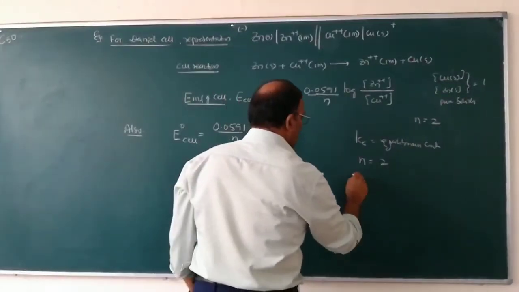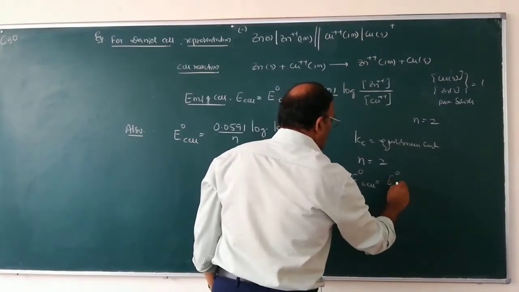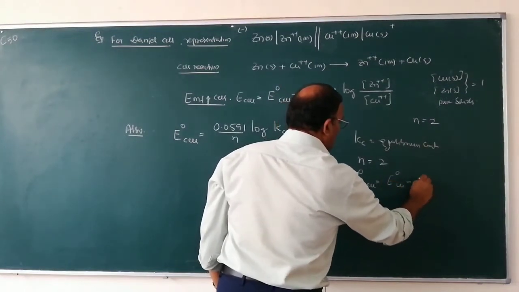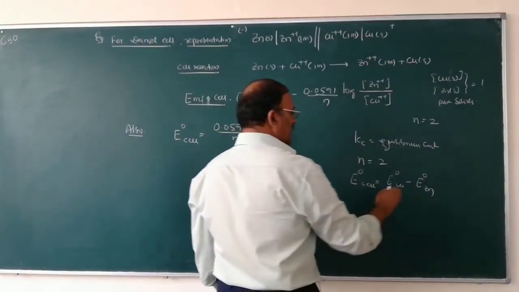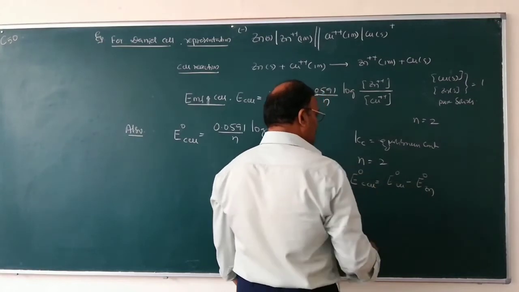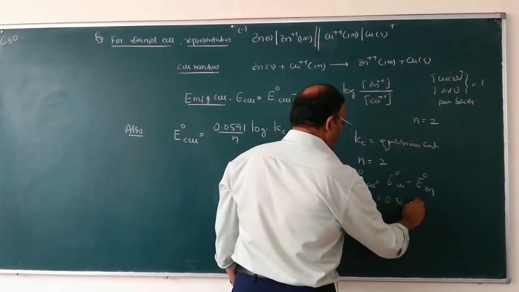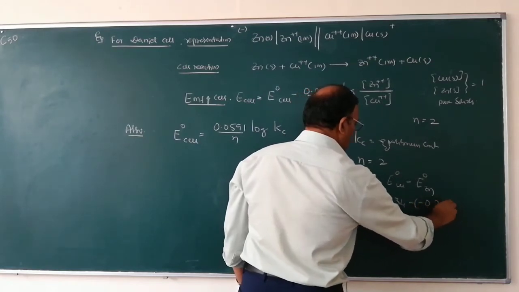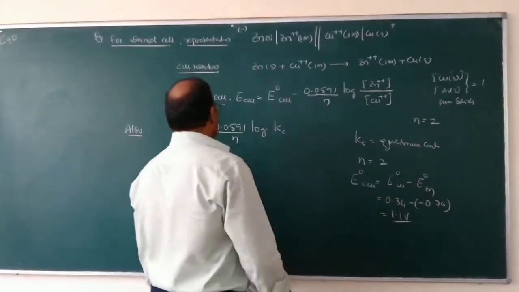And then what is E0 cell? E0 cell is equal to E0 of copper minus E0 of zinc, because copper is cathode and zinc is anode. So this is 0.34 minus of minus 0.76, that equals 1.1 volt.